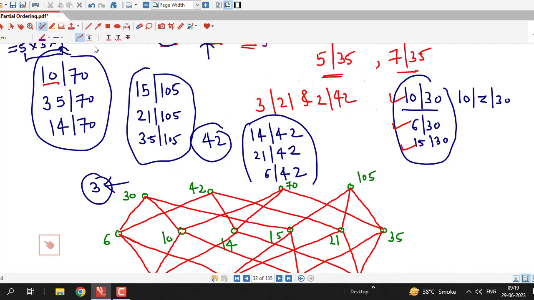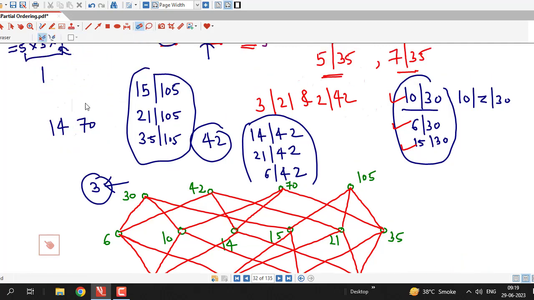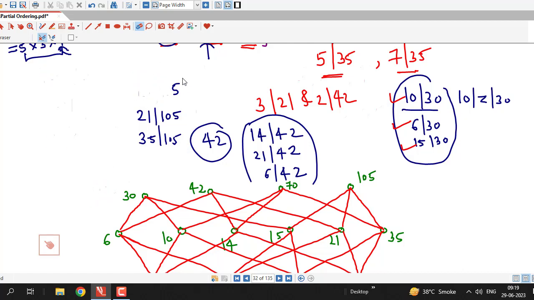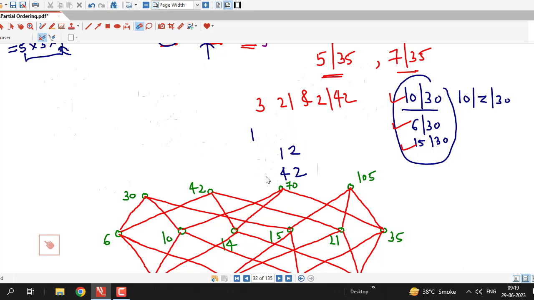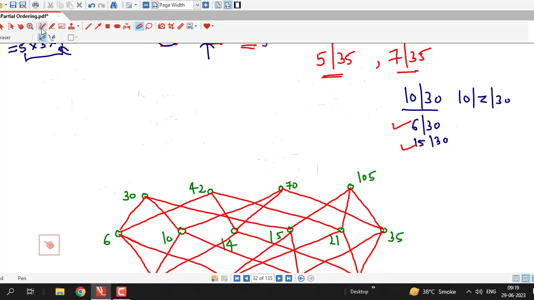Now after this only one element is left, that is 210, and that 210 is a cover of all these 4 elements 30, 42, 70 and 105. Here above this I have to write down 210, and 210 is a cover of each of these elements 30, 42, 70 and 105.